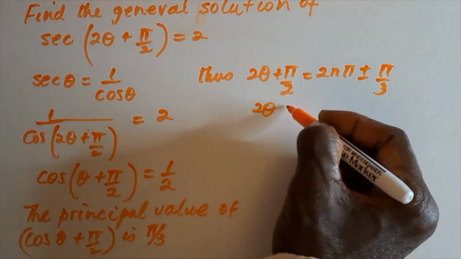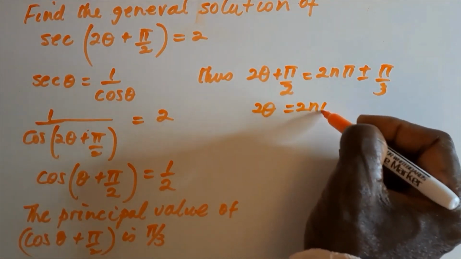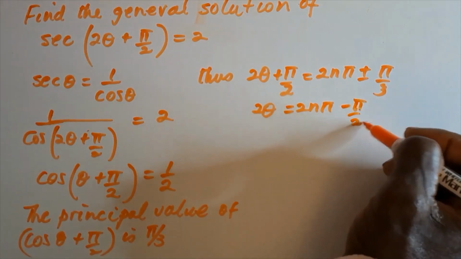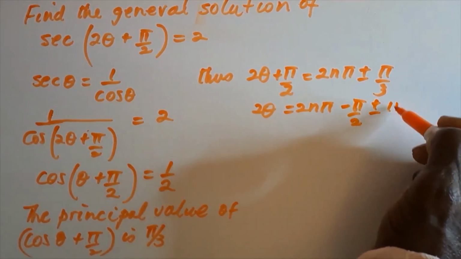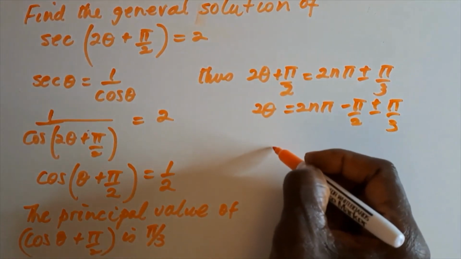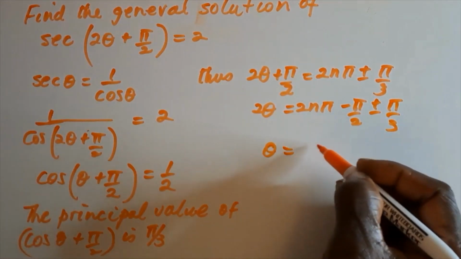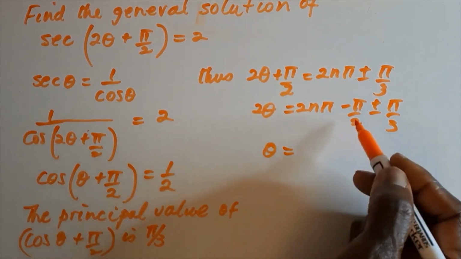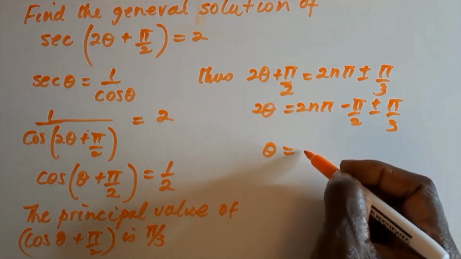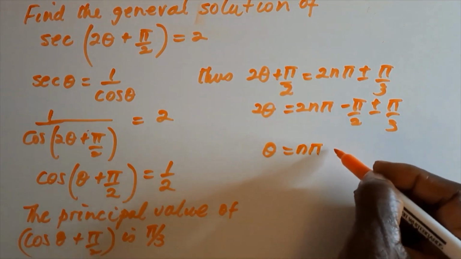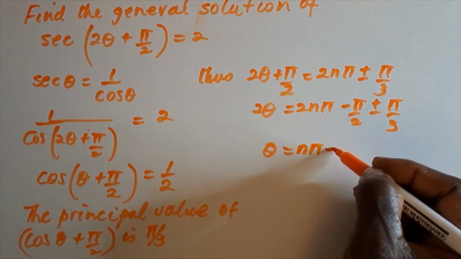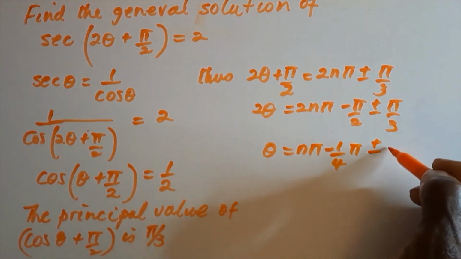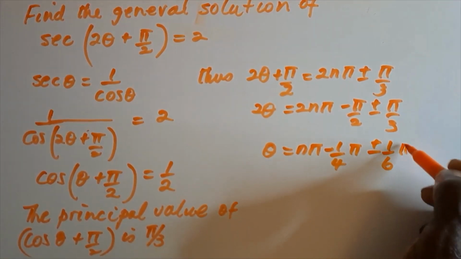Gives us 2 theta is equal to 2n pi minus pi over 2 plus or minus pi over 3, which gives us that theta is equal to, here we're multiplying by a half both left and the right hand side, n pi minus a quarter pi plus or minus a sixth pi.